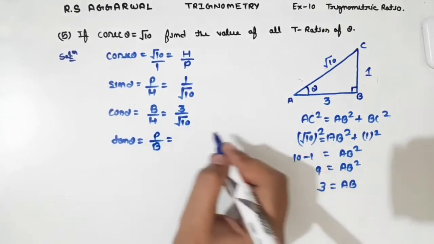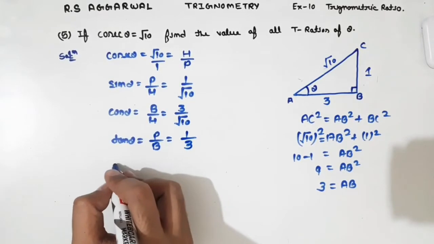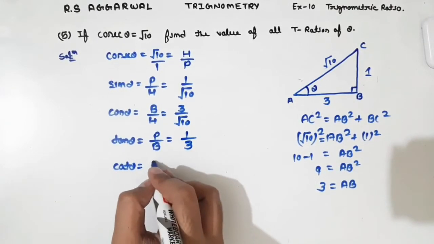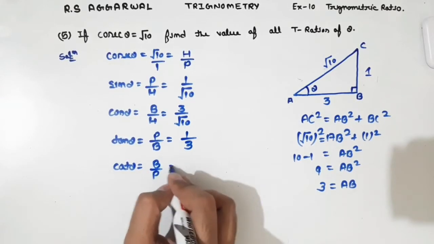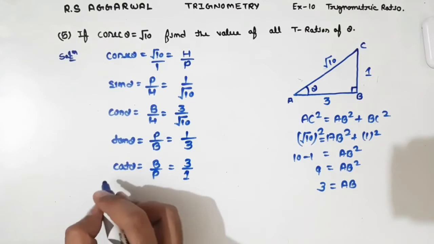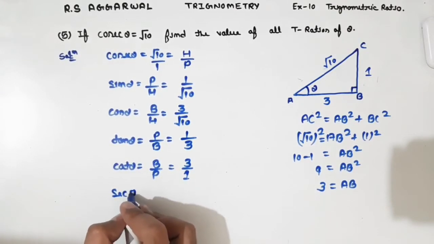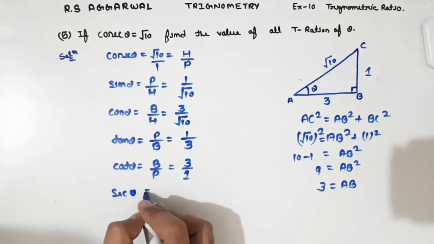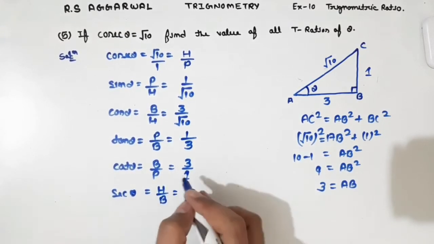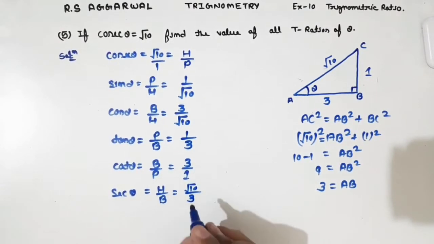So our perpendicular is 1 and base is 3. Then cot theta is given by base upon perpendicular. So our base is 3 and perpendicular is 1. And then sec theta is given by hypotenuse upon base. So our hypotenuse is root 10 and base is 3. So these are the ratios.